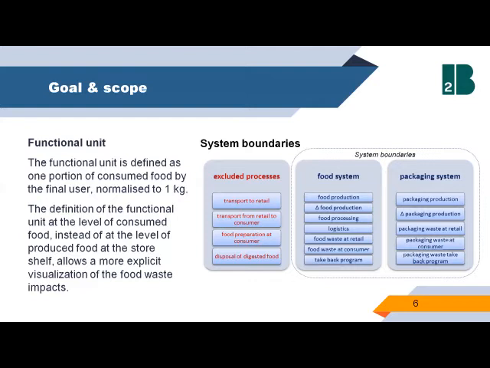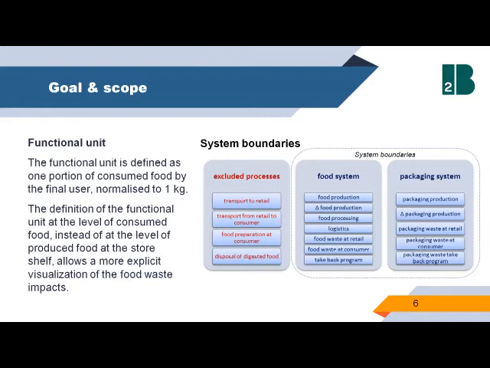The functional unit in our LCA is defined as one portion of consumed food by the final consumer, and then we normalize to one kilogram of food. And this is somewhat different than what we see normally in LCAs, because often you see that the functional unit is defined as one kilogram of produced food.